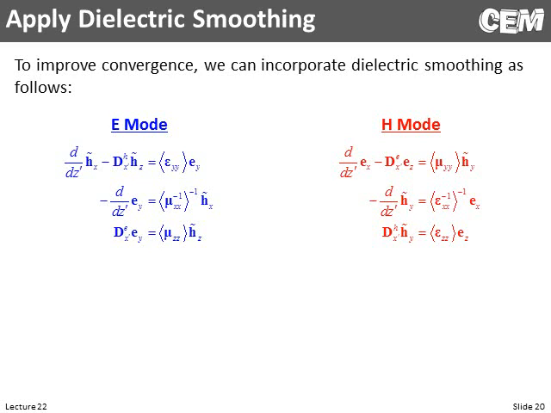Similar to how we applied fast Fourier factorization to improve the convergence of rigorous coupled wave analysis, we can do a trick here to improve the convergence of a finite difference method. And what we'll see, if we have an interface, it helps us a little bit sometimes to blur the boundary between those two materials.